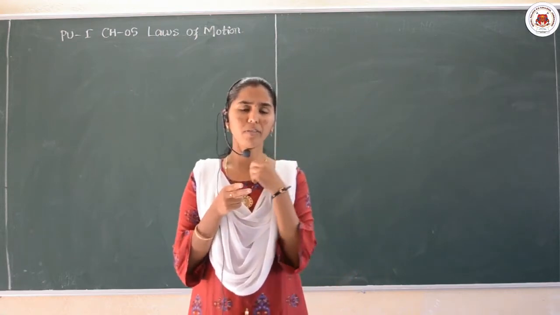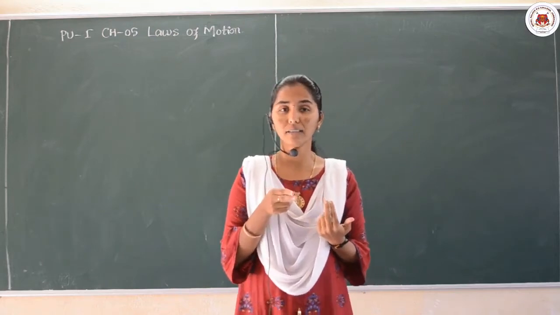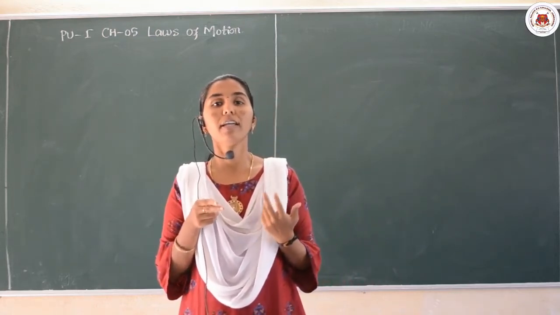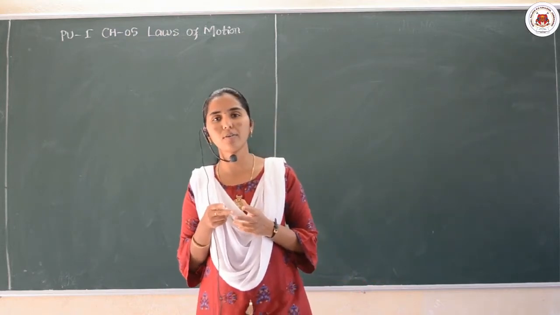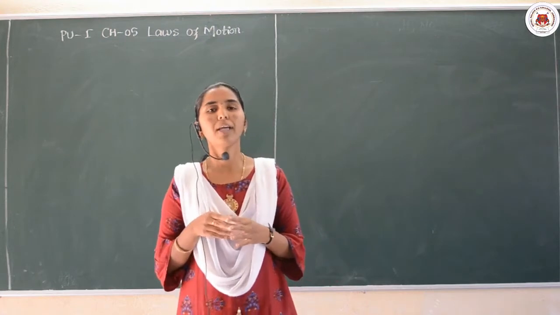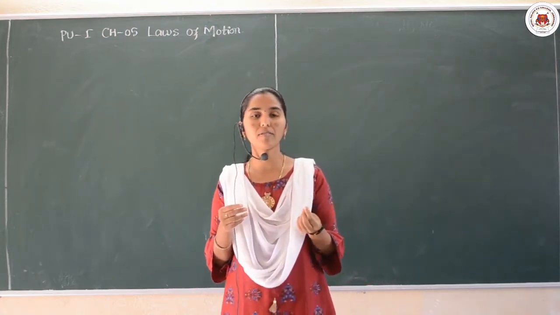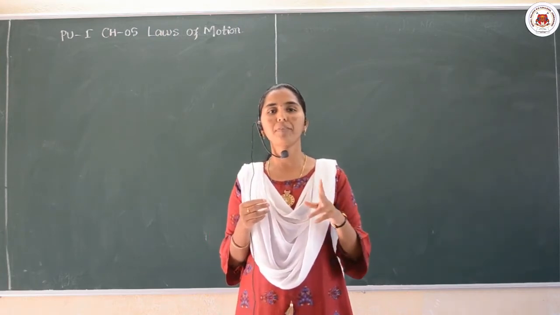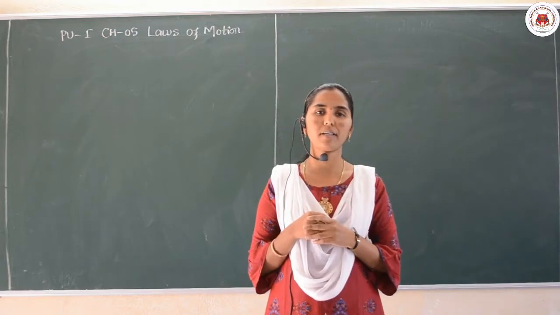That is called recoil of the gun. The velocity with which the gun moves backward is called the recoil velocity of the gun. We have given the formula for that also. There the negative sign indicates that the bullet and the gun will move opposite to each other.